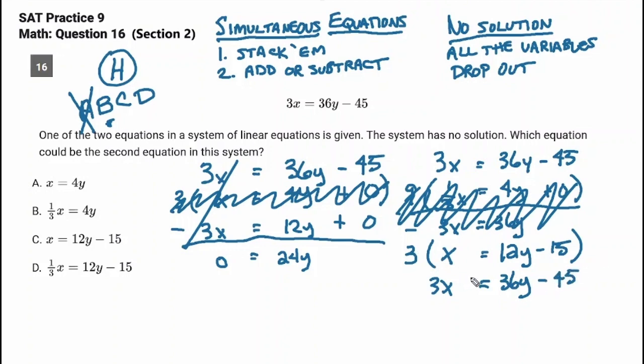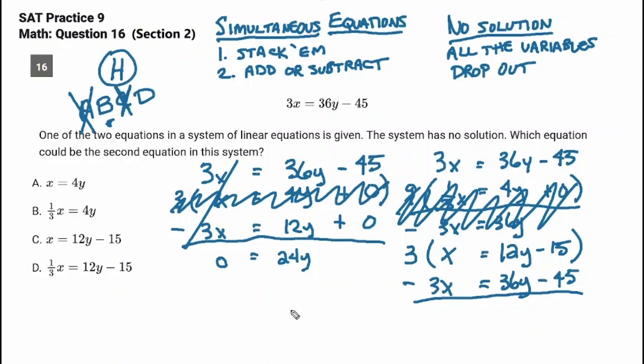Okay, so now think about this. When you add or subtract them, what's going to happen? Are all the variables going to go away? Yeah, I guess if you think about it that way, they are, but take a second look. This is the same equation. So if it's the same equation, it doesn't have no solution. That cannot be the answer. That is a very tricky answer.